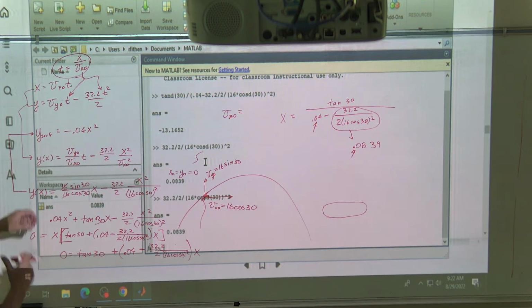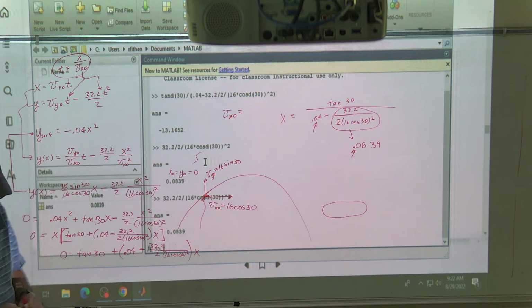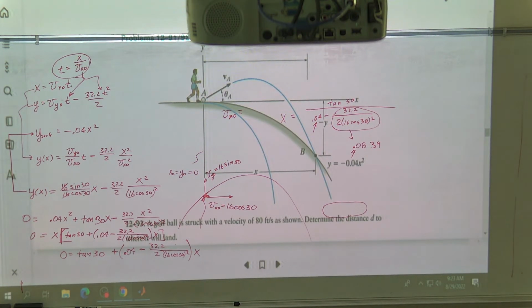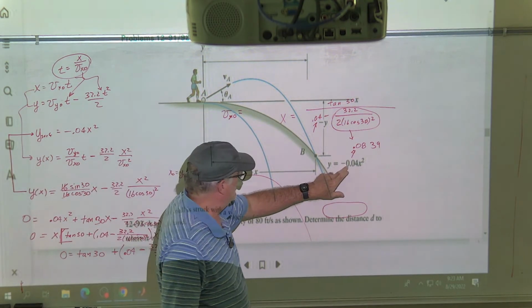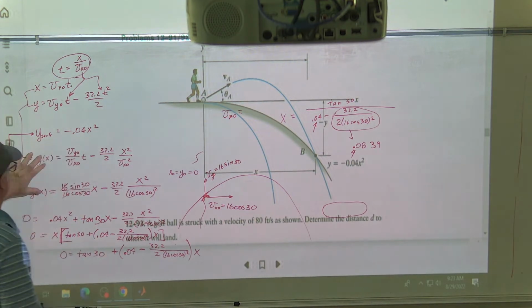So he says this is the equation, right? Let me go back to the other. Okay, this is the equation. That's the equation. So it's a minus 0.04 x squared. I copied that down, right?